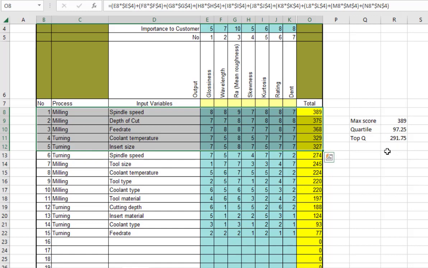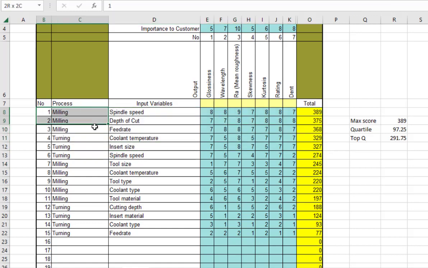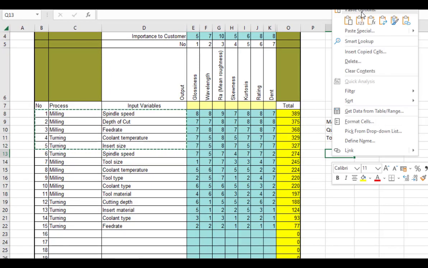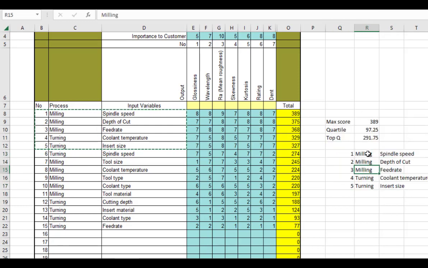So we will proceed with these 5 inputs for further analysis: milling, 3 millings, spindle speed, depth of cut, feed rate, then turning, cooling temperature, and insert size. We need to proceed with these 5 inputs for the FMEA.